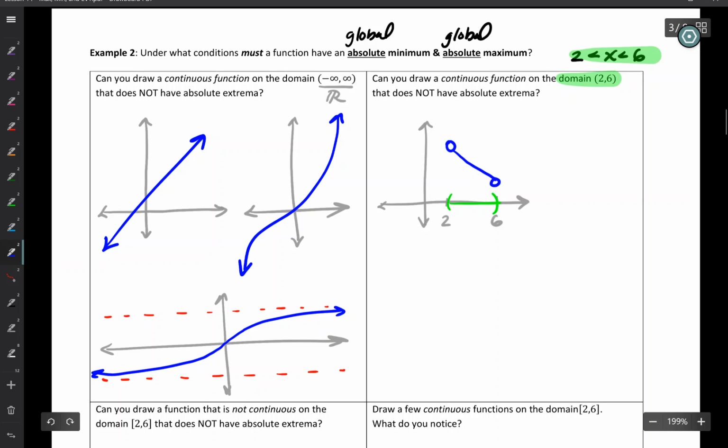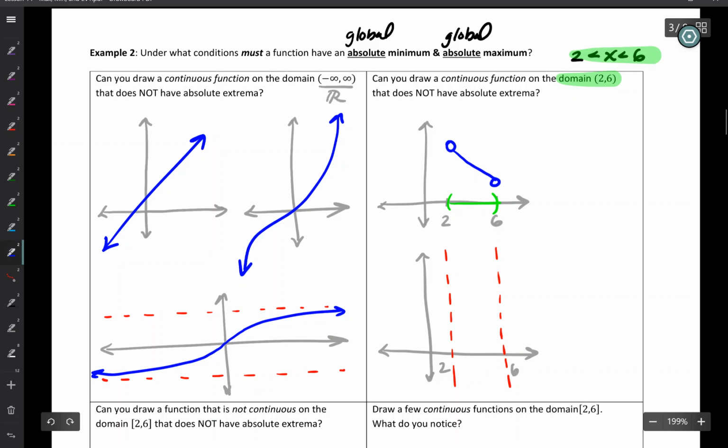This function is continuous on its domain, for x values strictly between 2 and 6. I never picked up my pencil. And there's no biggest y value or smallest y value because of those open circles. Or maybe you put in some asymptotes at 2 and 6, or a combination of these two drawings.